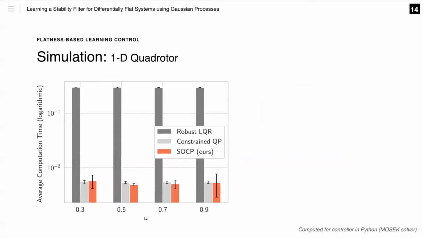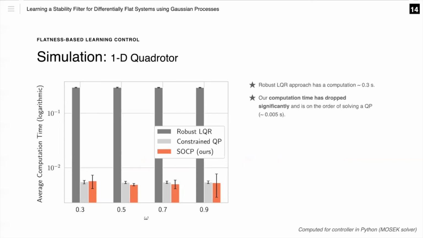And perhaps the most important point is when we compare the average computation time for the different trajectories. The robust LQR approach has a computation time of approximately 0.3 seconds, while our computation time has dropped significantly and is on the order of solving a QP, so approximately 0.005 seconds.